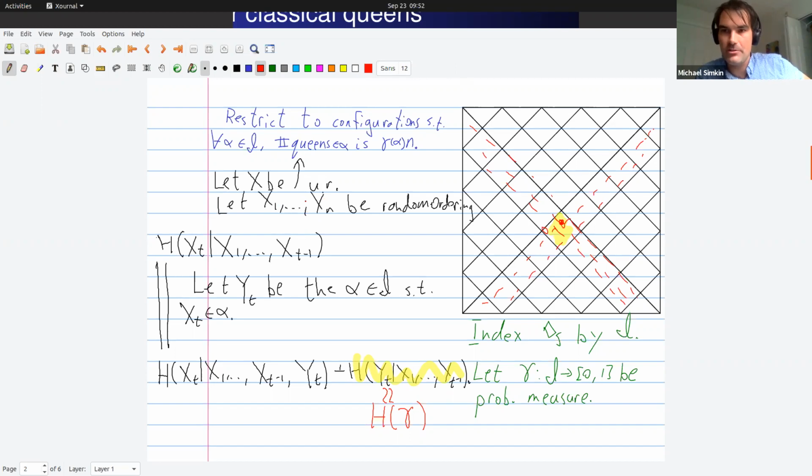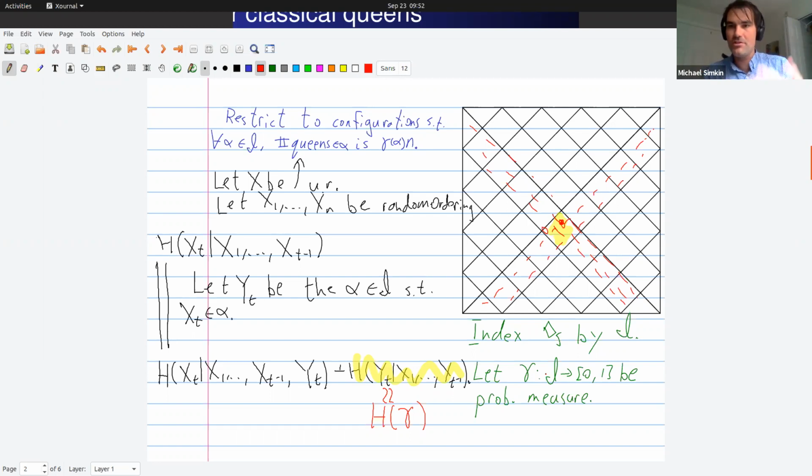Now I run a random greedy algorithm, similar to before with the toroidal problem, but with one key difference: at each step, when I'm deciding where to put the next queen, I first draw a variable yt, one of these diamonds, according to the distribution gamma, and then I place the queen in a uniformly random available spot inside gamma.